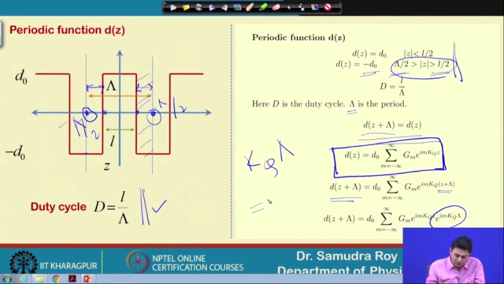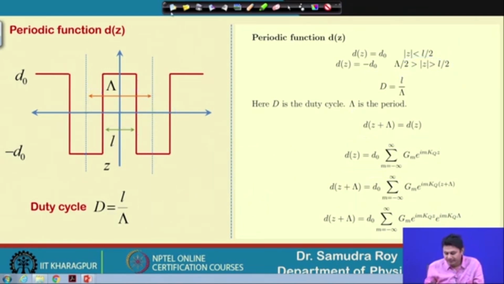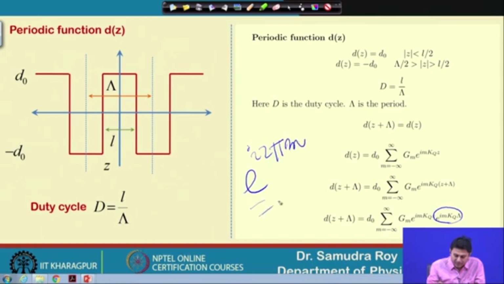It is 2 pi, because K was 2 pi divided by lambda. So, K into lambda is equal to 2 pi. Once we have this, we can replace this by e to the power i 2 pi m, where m is an integer. So, this quantity is eventually 1.